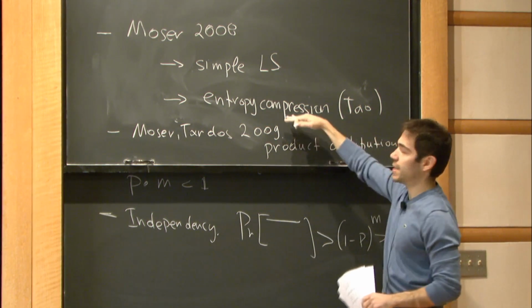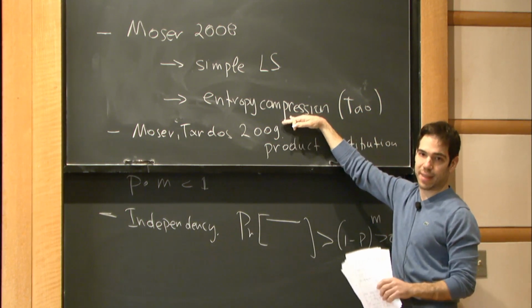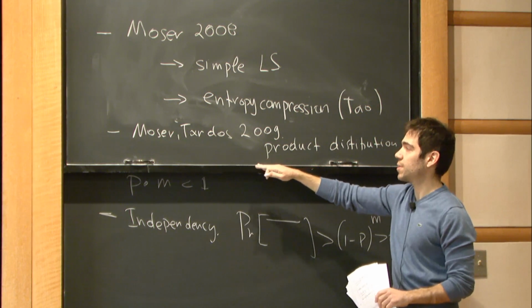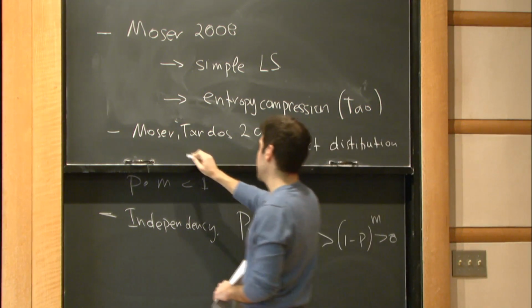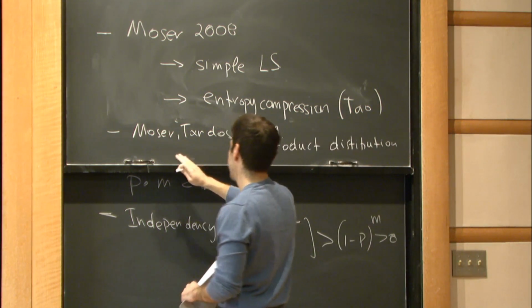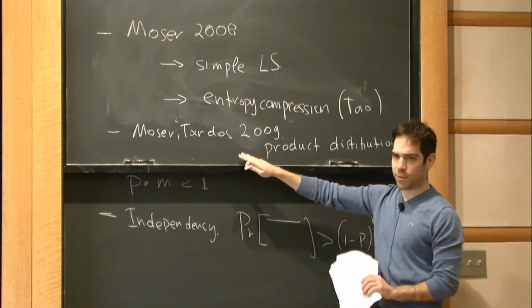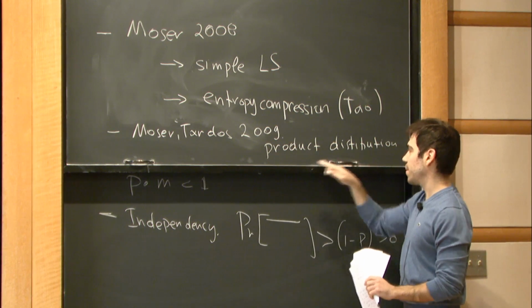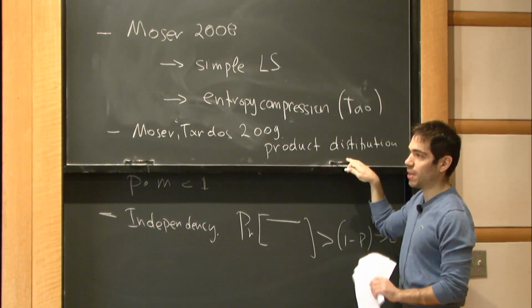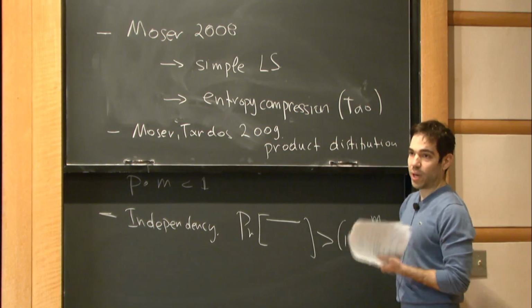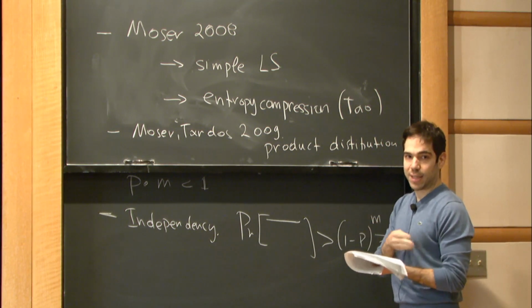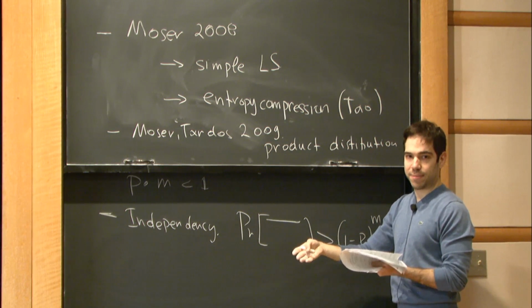Okay, so the first would be a technique that works only for the KCNF, at least in the first form. And then Moser and Tardos, using a different technique, also elegant, called a backward-looking technique, but it's not important right now, managed to make the local lemma constructive whenever the underlying probability distribution in the configuration space is a product over independent variables.